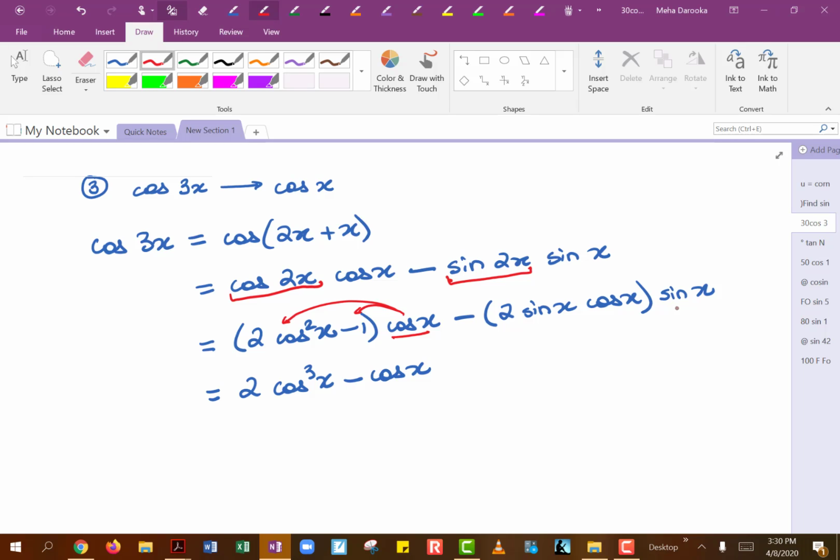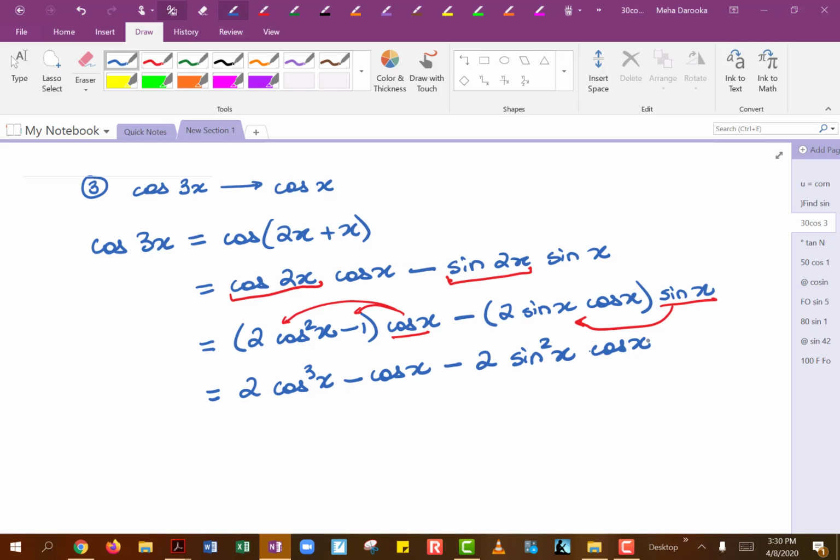I am also going to take the sine of x on this side and multiply with this parentheses. So again, our minus sign. 2 sine of x times sine of x will become sine squared of x. And then, of course, we are left with cosine of x over here.